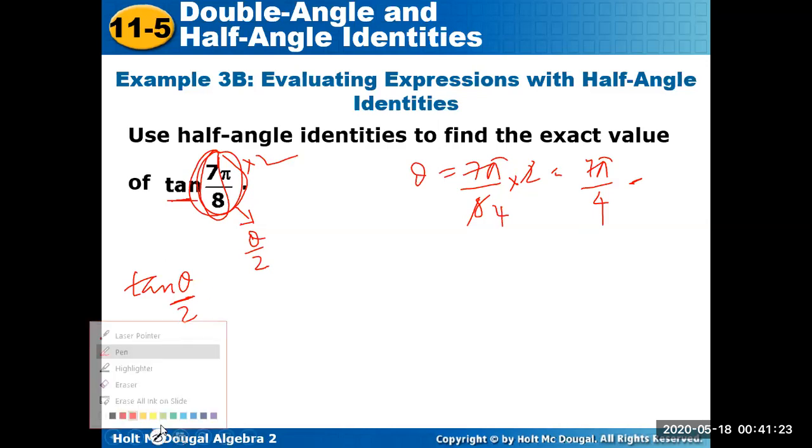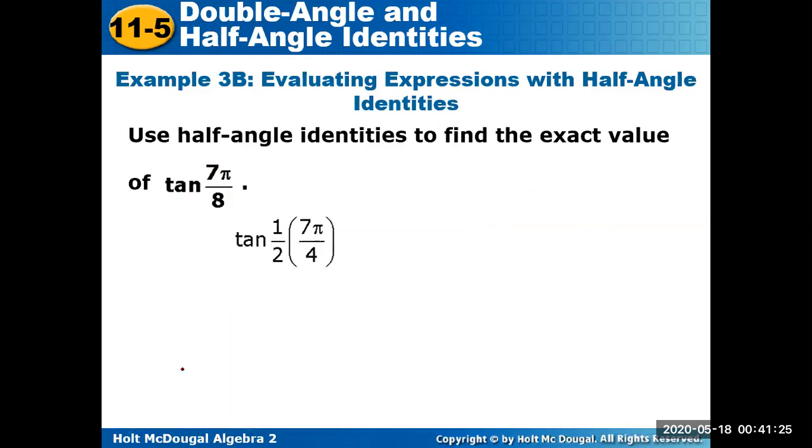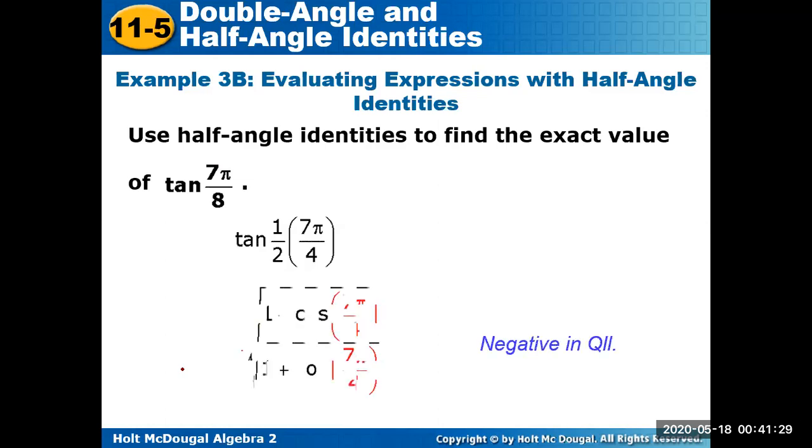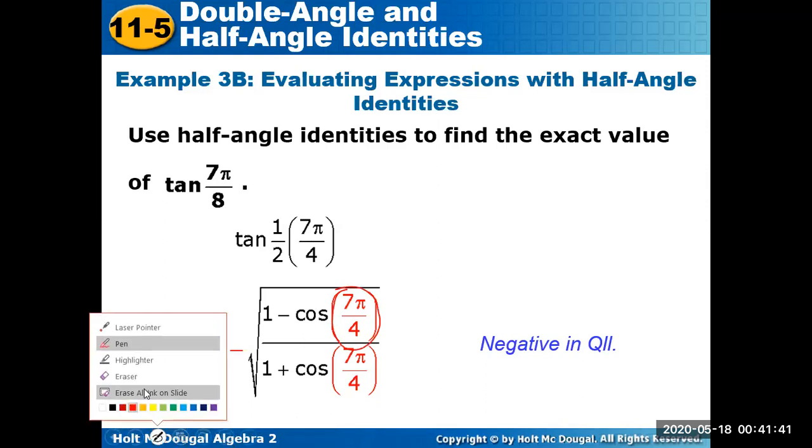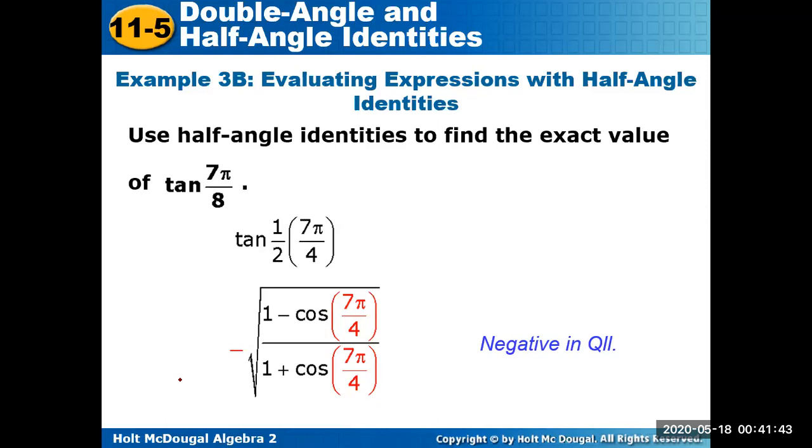So you can write it like this. As you can see here, theta was 7 pi over 4. The formula for tan theta over 2, they did not write it here. Let's rewrite it again. Tan theta over 2.